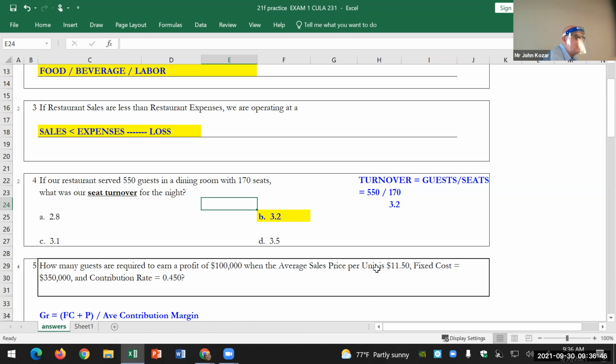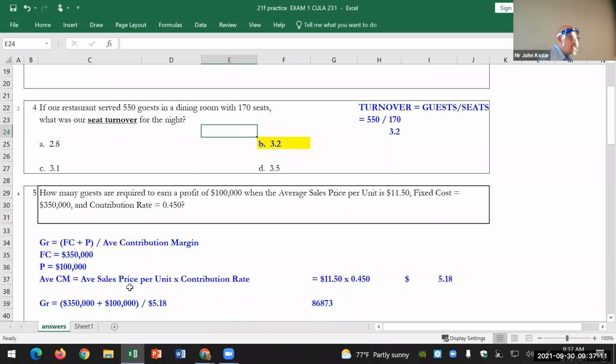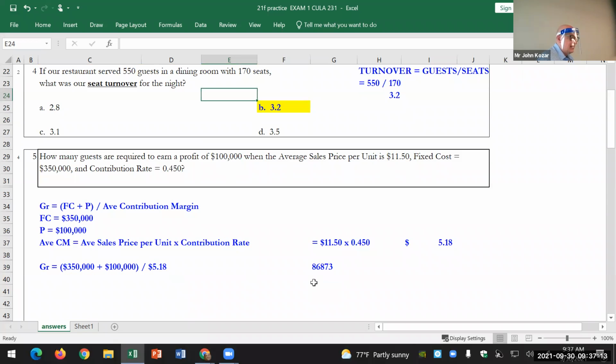Okay, exactly. So the average sales price of $11.50, we're going to multiply that by the contribution rate of 0.450. And that comes out to $5.18. So then to get our final answer, we divide fixed cost plus profit, which is 450,000, by the $5.18. And we get an answer of 86,873.